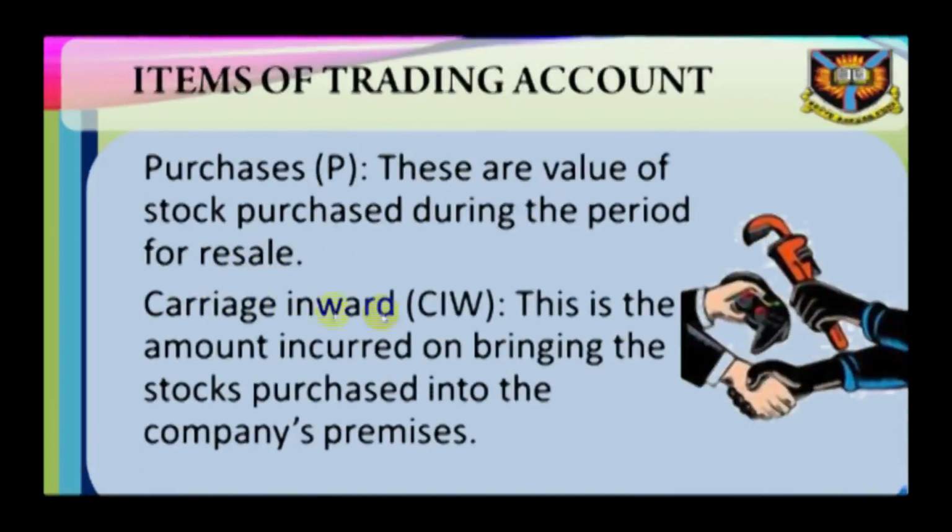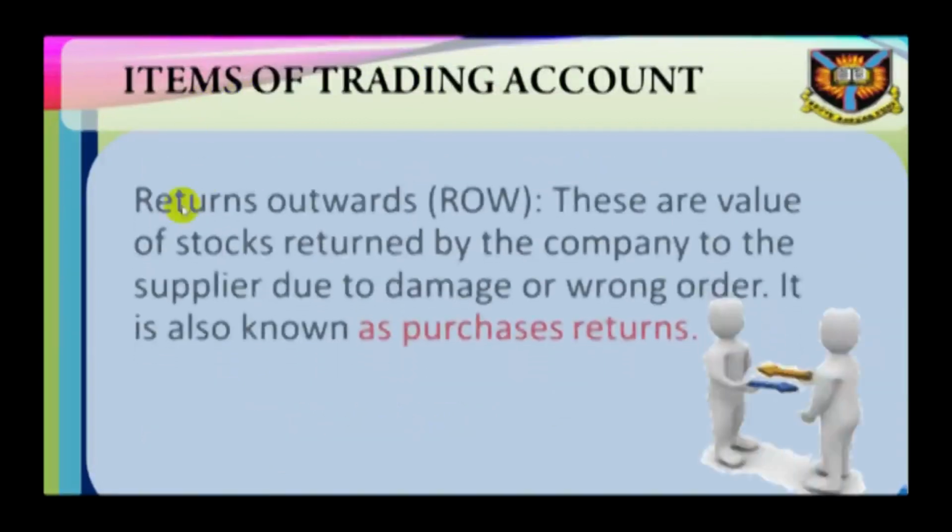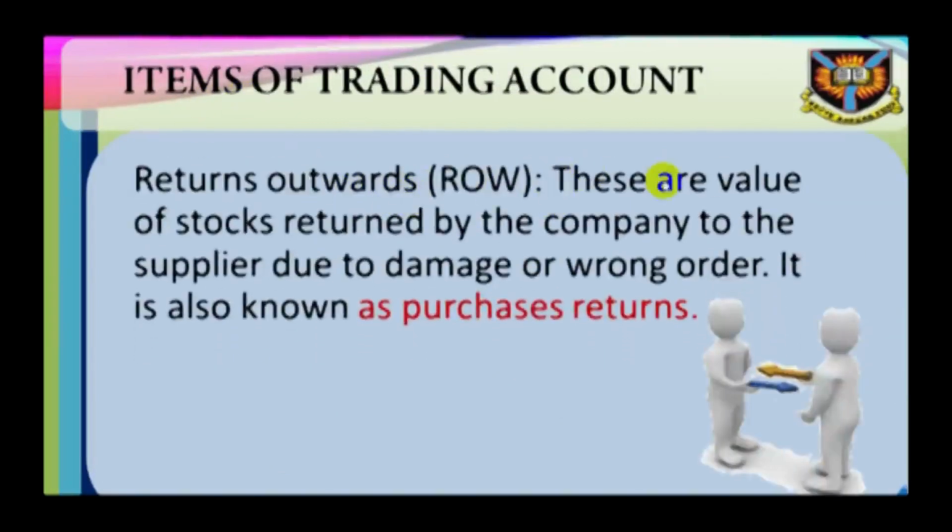This is the amount incurred on bringing the stocks purchased into the company's premises. Returns outward. These are value of stocks returned by the company to the supplier due to damage or wrong order. It is also known as purchases returned.